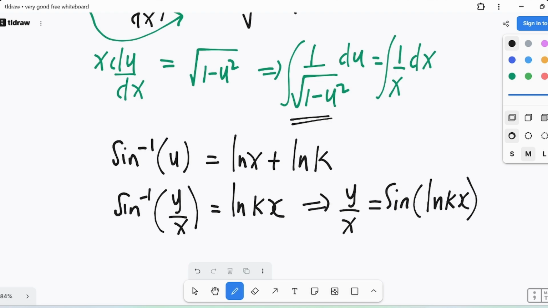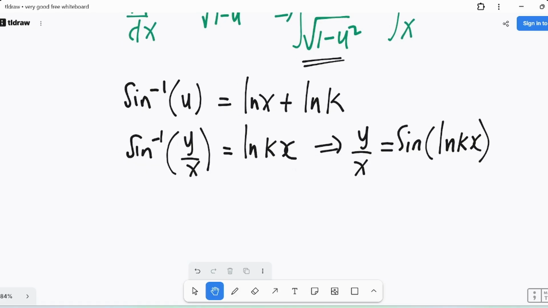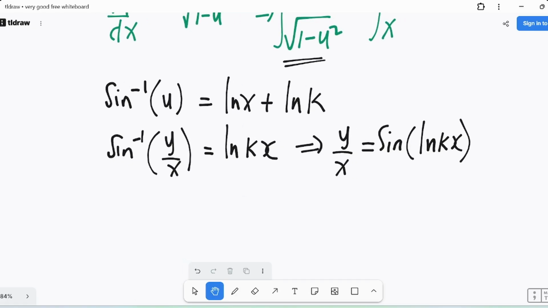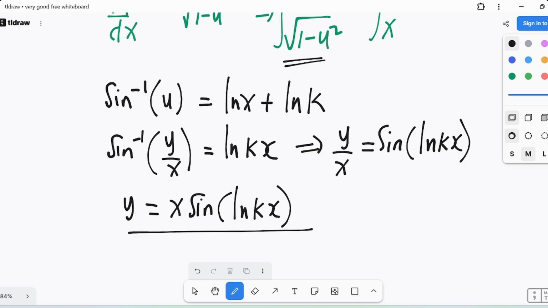And then we obtain our y. Finally our y is equal to x sine of ln of kx. So from here is where our differential equation that we are dealing with originated.